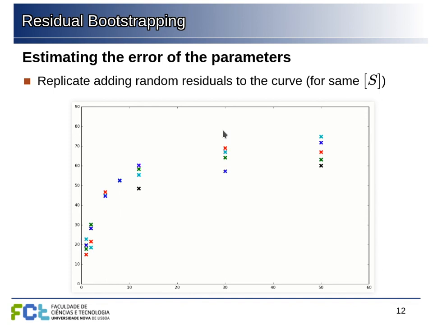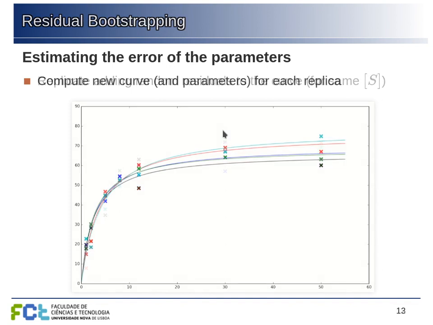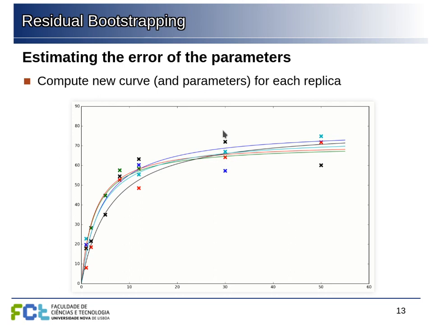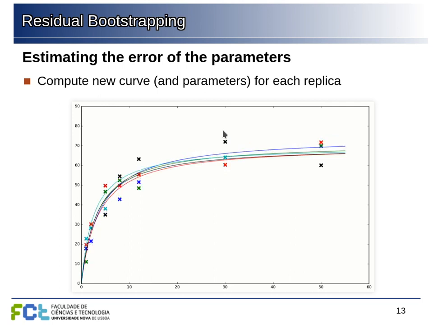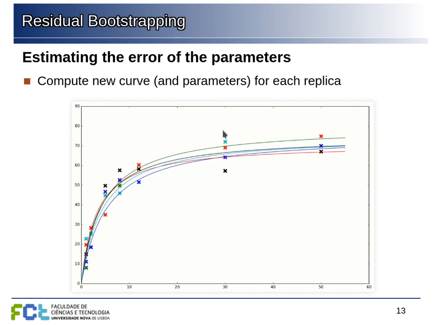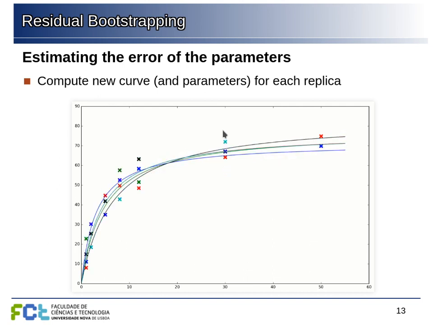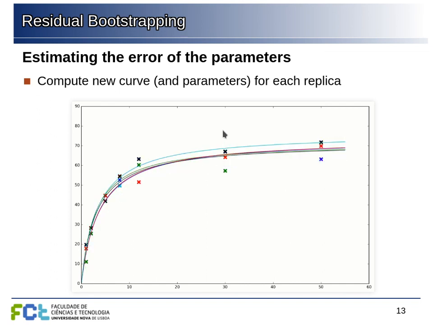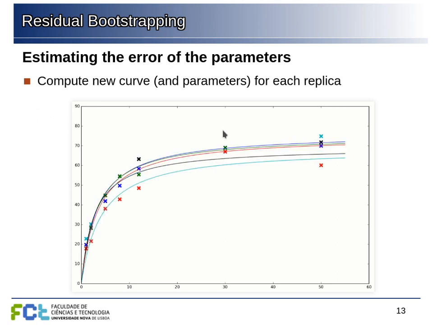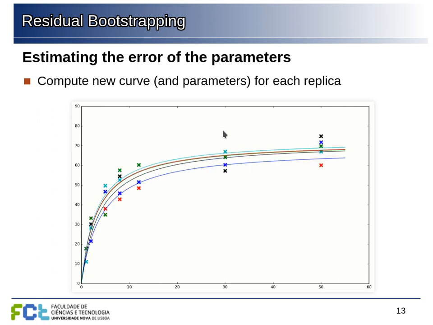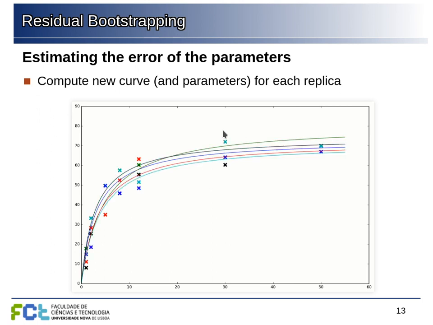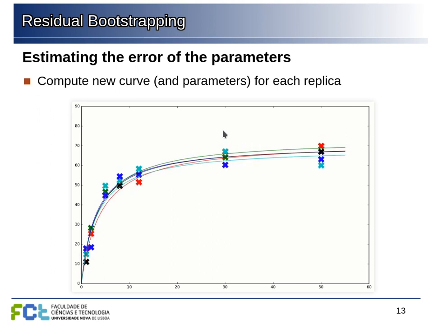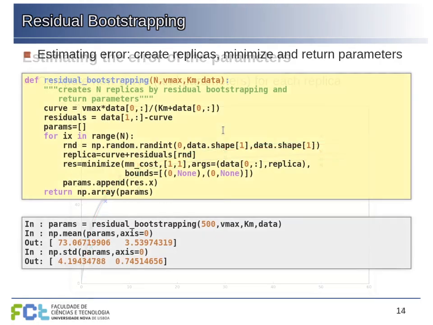So now for each of these data sets, we can compute a new curve, because we can fit the parameters of our Michaelis-Menten model to these new sets of points. And so we have a family of curves. Each curve will have its own Vmax and Km parameters. So now we can get an estimate of the intervals and the distribution of values for these parameters over this large number of samples.